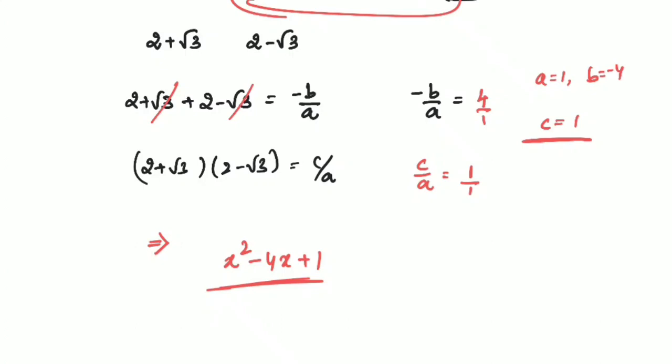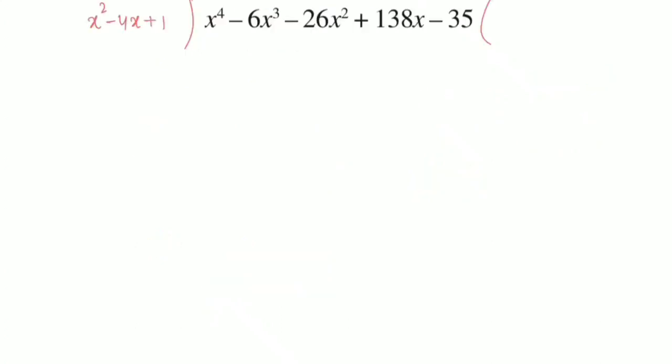Now let's divide it with x square minus 4x plus 1. The first term of the quotient: you divide x to the power of 4 by x square, that is x square. So multiply it with x square. X to the power of 4 minus 4x cube plus x square. Change the sign.